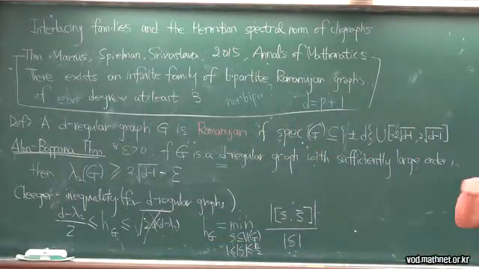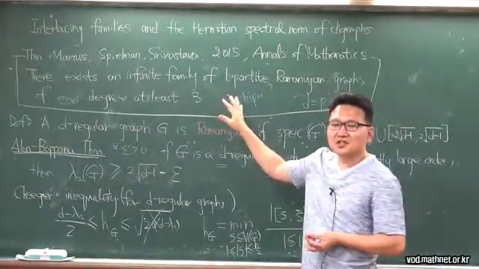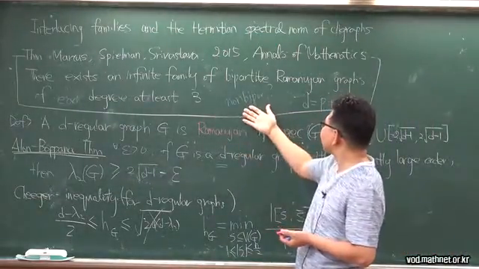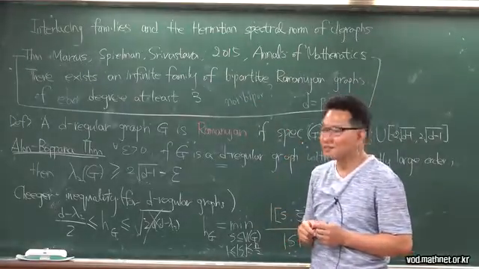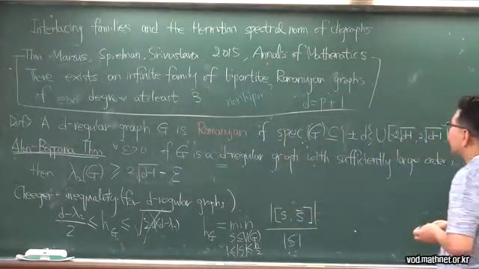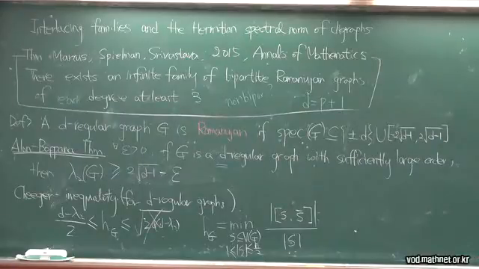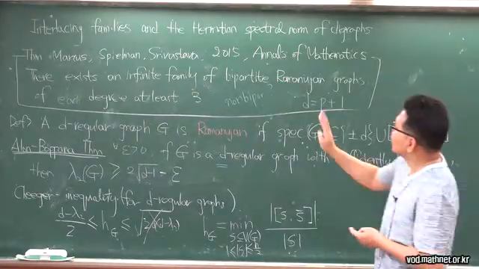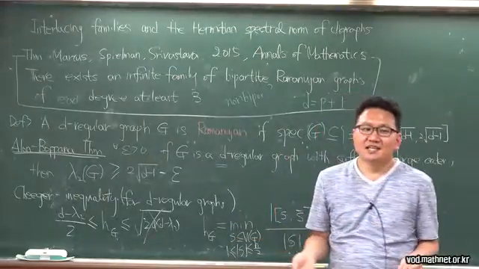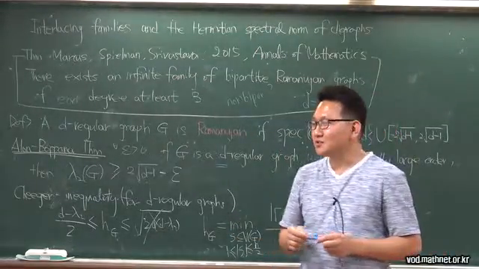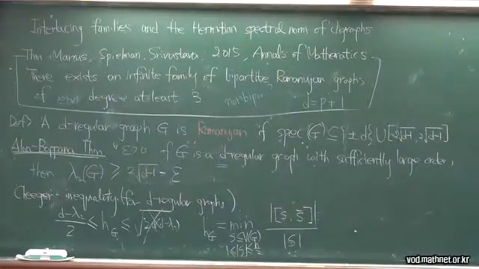No, d equal to 2 is just a cycle, so there's nothing to do there. So maybe you can try to find an explicit construction, or maybe the non-bipartite case. It's still open. They proved this by using the concept of interlacing families. So what is an interlacing family?